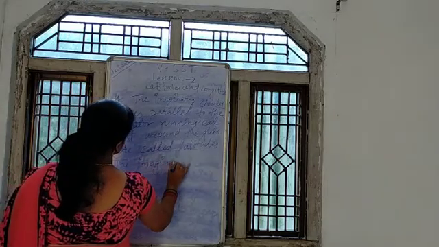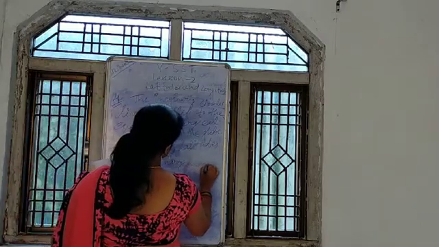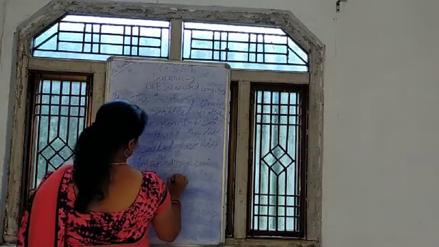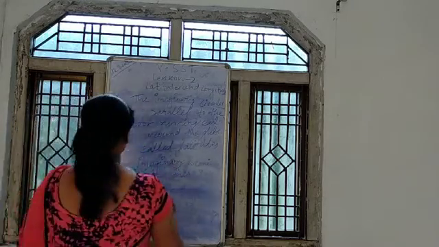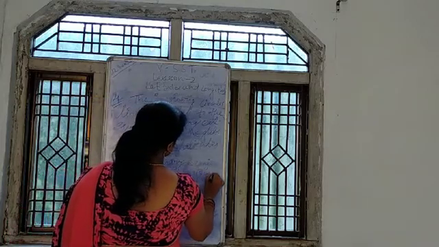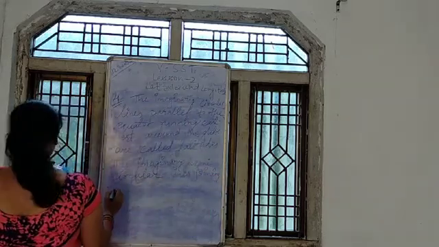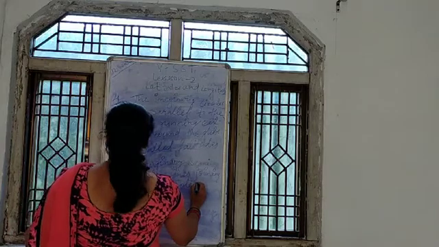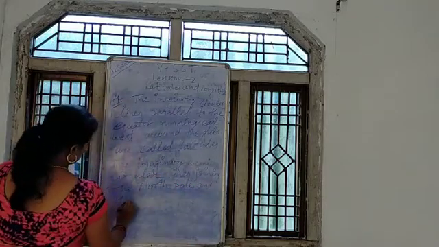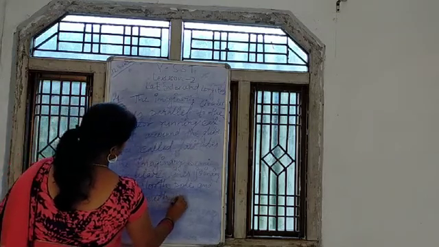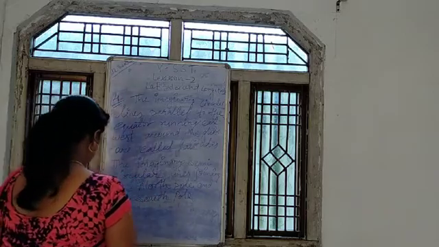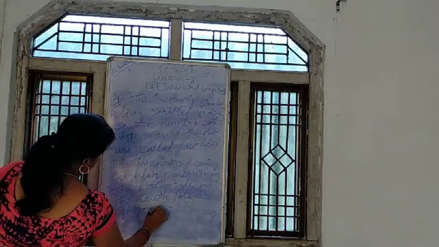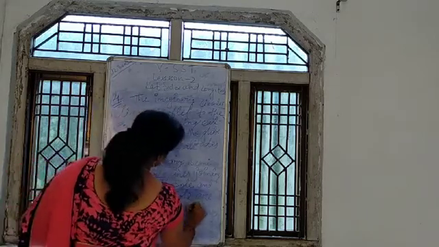The imaginary semicircular lines joining the north pole and the south pole are called lines of longitude.